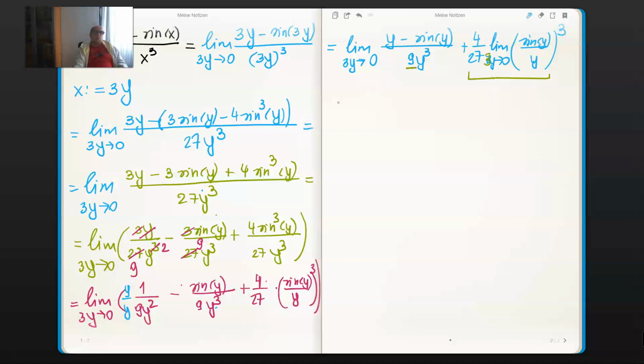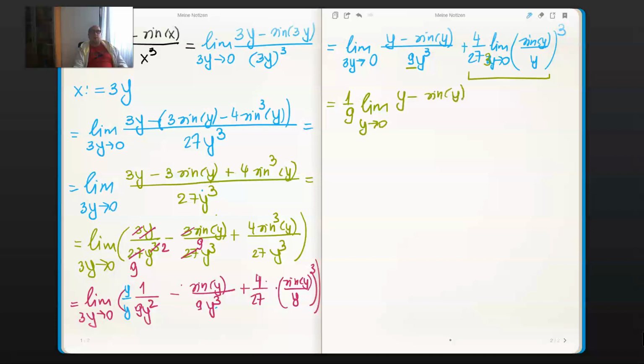So let me rewrite it differently. Here, if I'm putting 1 divided by 9 in front of the limit, instead of 3y towards 0, let's call it y towards 0. It's the same, right?